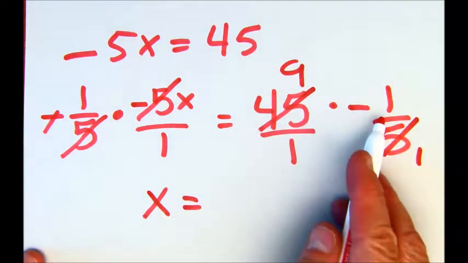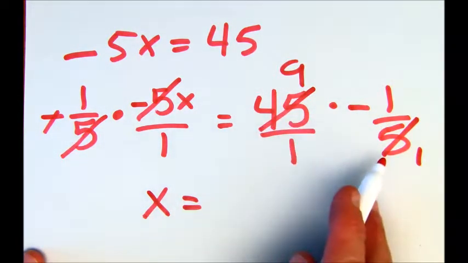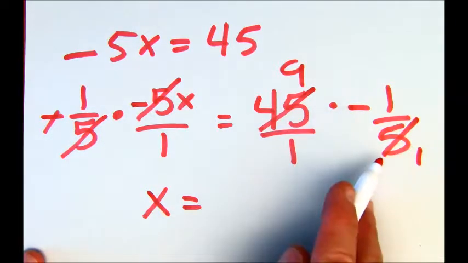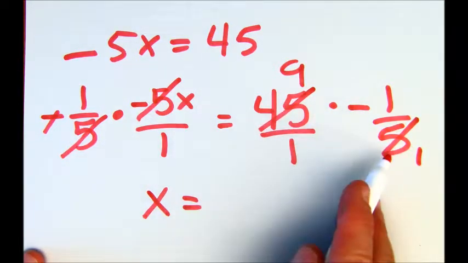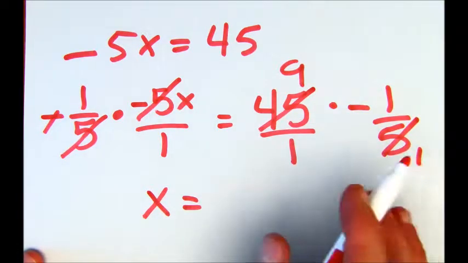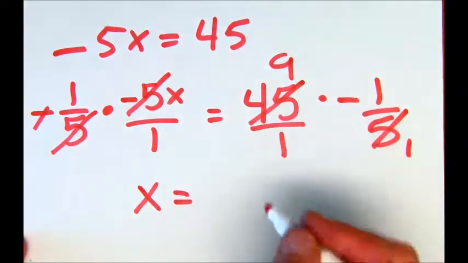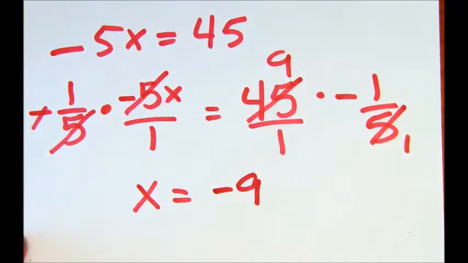Now we've got this negative here. It didn't matter where this negative was; you could have had 45 divided by negative 5. Instead I left the negative off, but we want to consider it here. 9 times negative 1 is going to be negative 9.